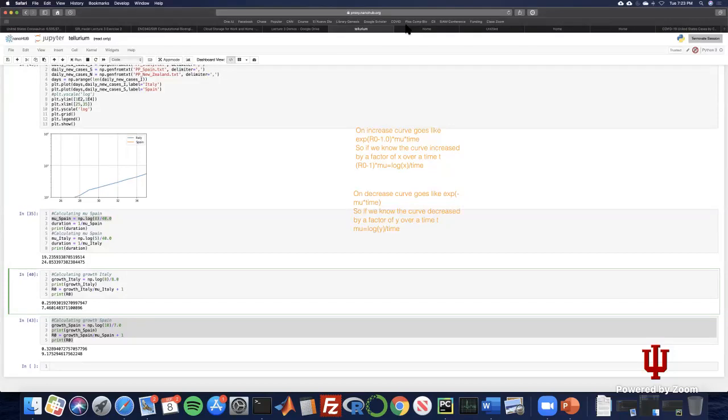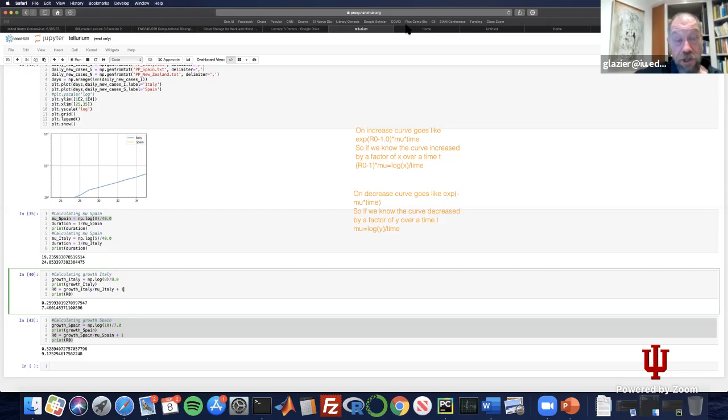Measure the slopes any way you like. You could use Excel or your eye, whatever, and then calculate these very simple things and see what the R naught and the mu are. And I promise you that at least at the beginning of this epidemic, people weren't doing things that were much more complicated than that when they were making projections of how many people were going to die.